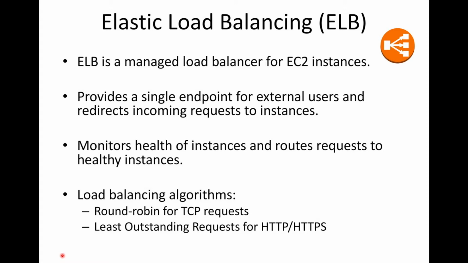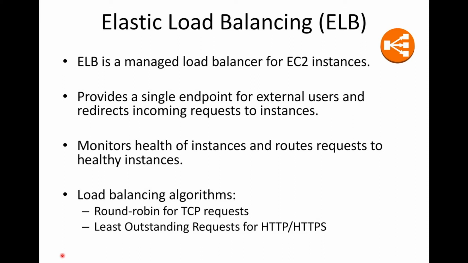Also, when I talked about the load balancing pattern earlier in the course, I had noted that there were several different algorithms that load balancers can use to distribute requests. The Elastic Load Balancer service can leverage two different algorithms, and it depends on the type of Elastic Load Balancer that you build. The ELBs can implement a round robin type of algorithm for your standard TCP requests.